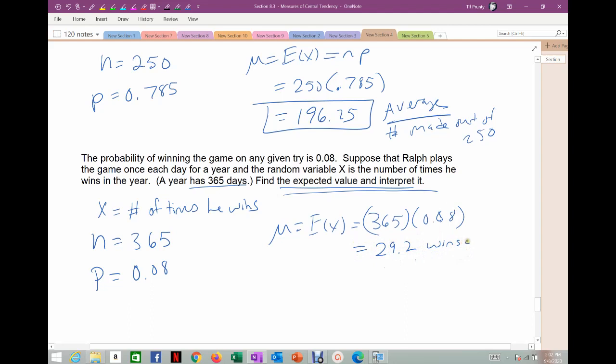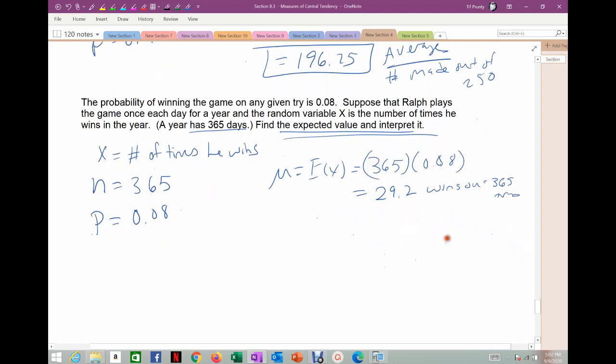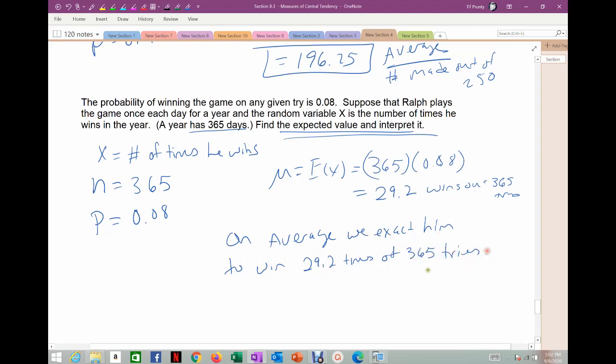wins out of 365 tries. On average, so again, on average, if he plays this many times, we expect him to win 29.2 times out of 365 tries.